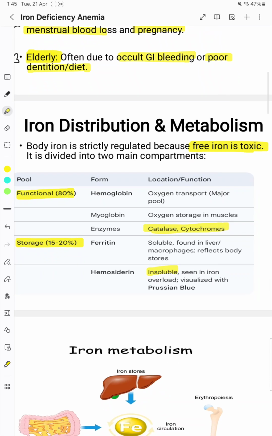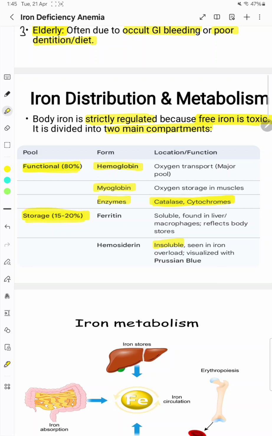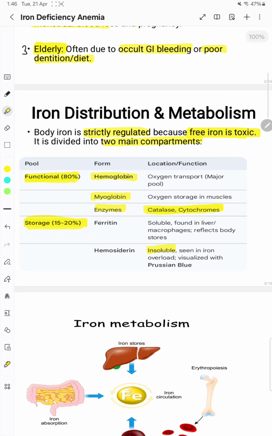Now we will see iron distribution and metabolism. Body iron is strictly regulated because free iron is toxic, and it is divided into two main compartments. 80% of body iron is present as functional iron in the form of hemoglobin, myoglobin and enzymes such as catalase, cytochromes, and 15 to 20% of iron is present in the form of stored iron like ferritin and hemosiderin.